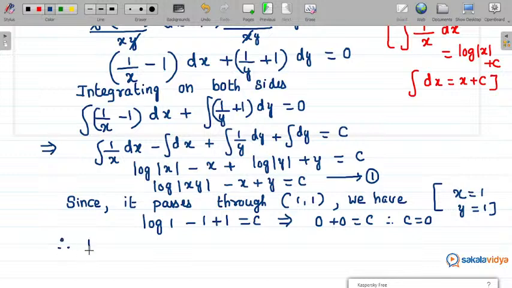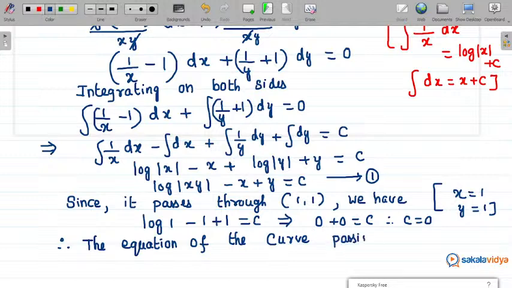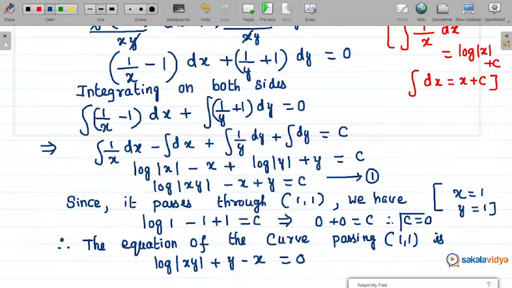So therefore the equation of the curve passing through 1 comma 1 is log mod xy plus y minus x is equal to 0, because for the particular solution the c value is 0.